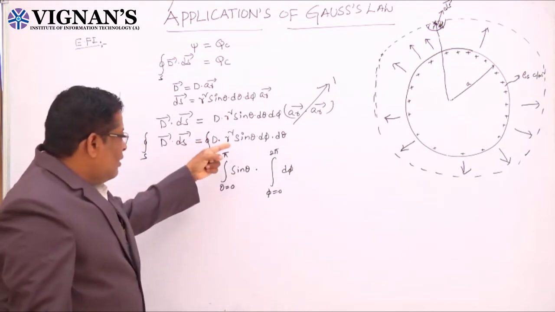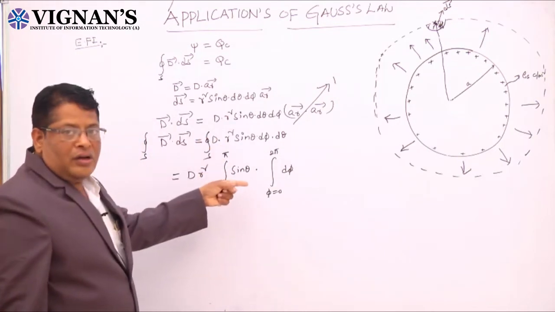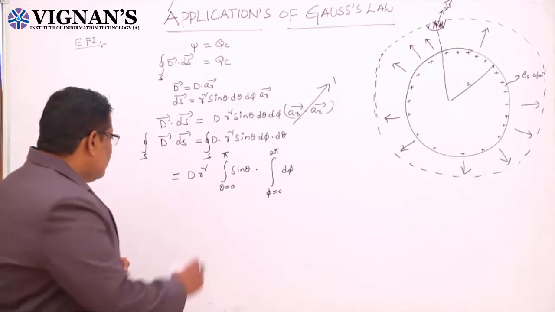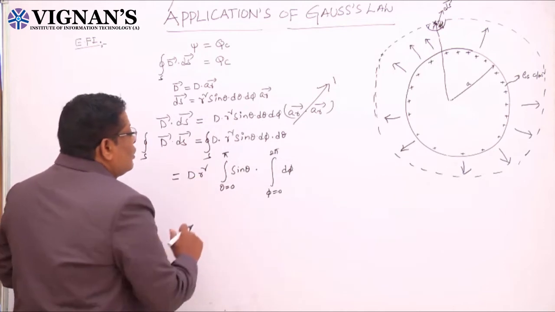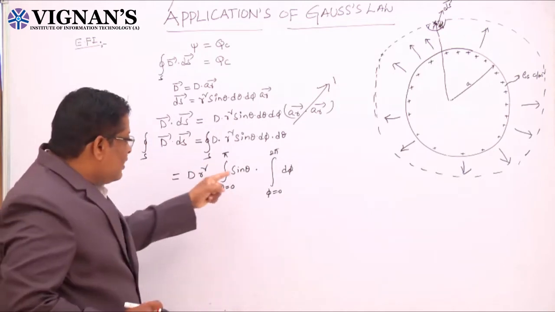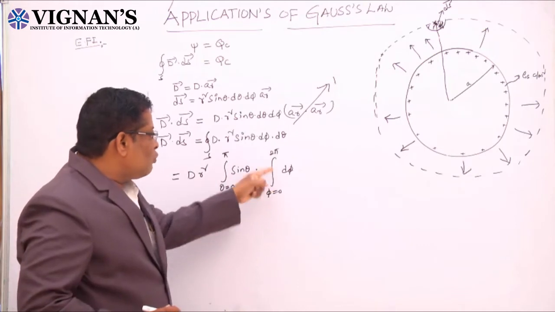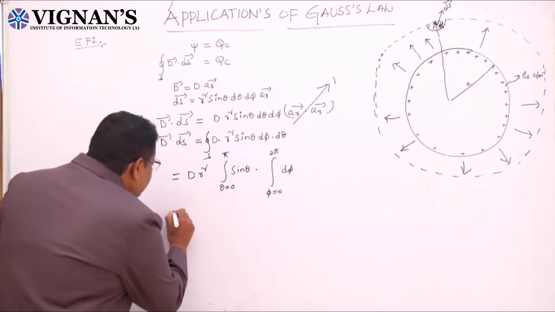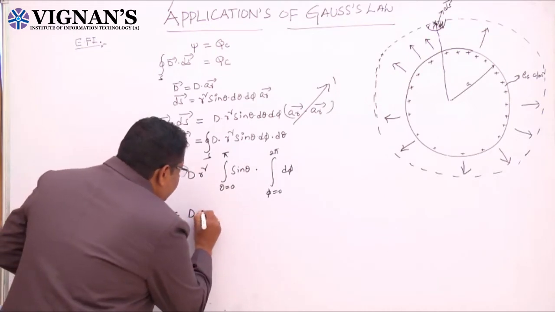See here, I directly put this step, already I have seen this in previous derivations. So here D r square times the integral of sin theta, theta varying from 0 to pi, and phi varying from 0 to 2 pi, d phi. If we complete this integration, we get the value of D r square.